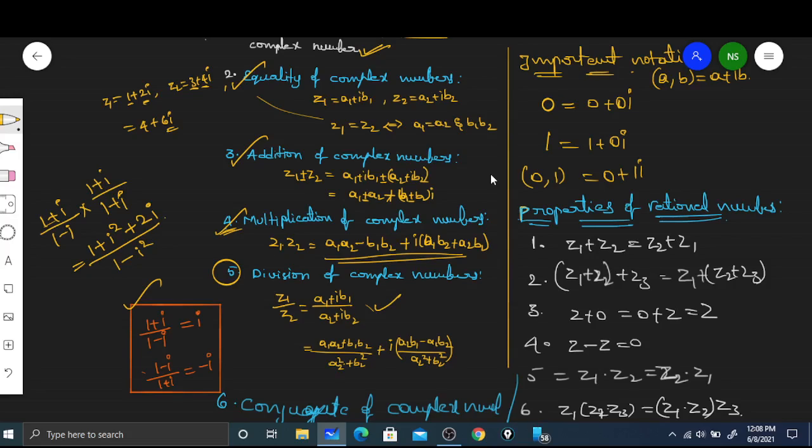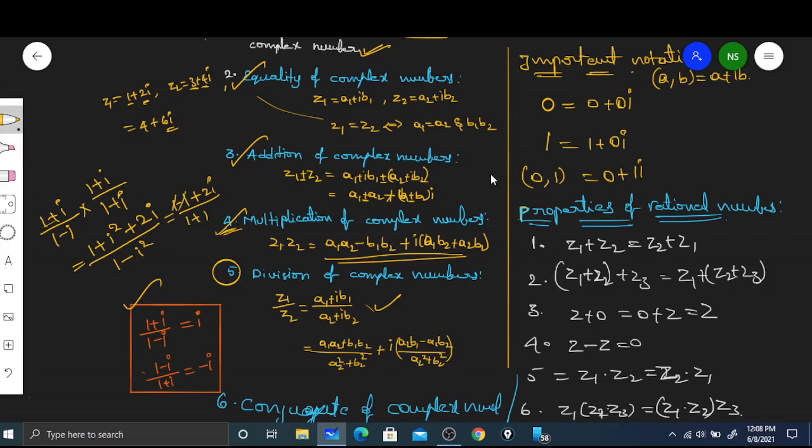If we simplify further, 1 minus 1 plus 2i divided by 1 plus 1. Why? Because i square is minus 1. Then 1 minus 1 will become 0.